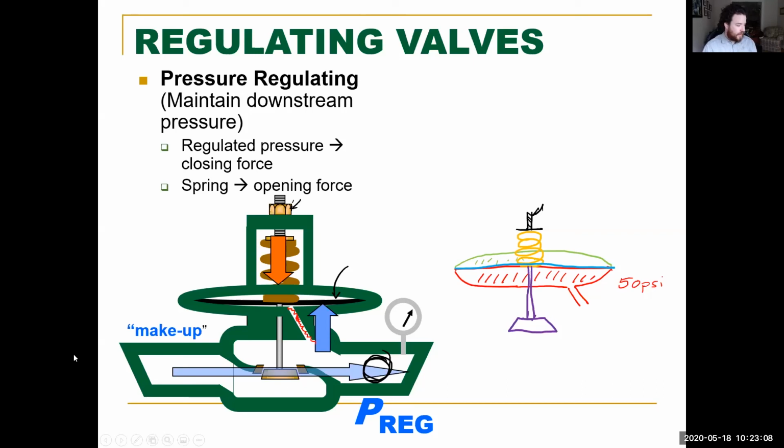So what's happening is that you have 50 PSI, let's say 50 PSI of water coming in, and we're trying to regulate how much pressure is downstream of it.